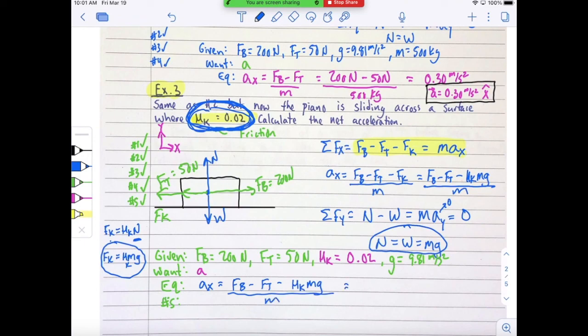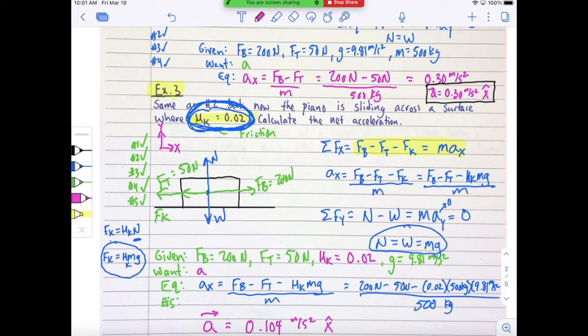And then we plug numbers, so we're at 200 newtons minus 50 newtons minus mu k is 0.02, and no units on that one, times our mass of the piano is 500 kilograms times gravity, which is 9.81 meters per second squared, all over 500 kilograms. And when you crunch that, our acceleration turns out to be, I got 0.104 meters per second squared, and then it's positive, it's in the x direction, so I'll say x hat.